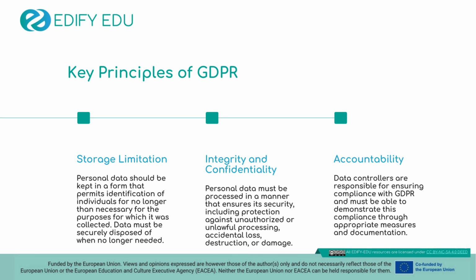Finally, accountability is a cornerstone of GDPR. Data controllers are responsible for ensuring compliance with the regulation and must be able to demonstrate this compliance through appropriate measures and documentation. This principle requires organizations to take responsibility for their data processing activities and to be able to show evidence of their compliance efforts.